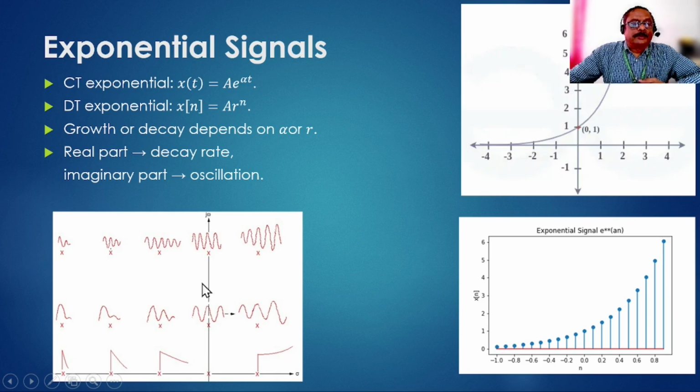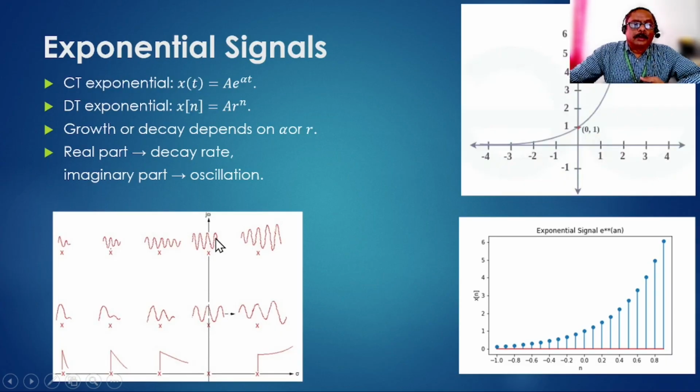The imaginary part talks about the oscillation, the frequency of oscillation. For 0 there is no oscillation, so you can see that there are no oscillations, but as you increase the value of the imaginary part, the signal will have oscillations.